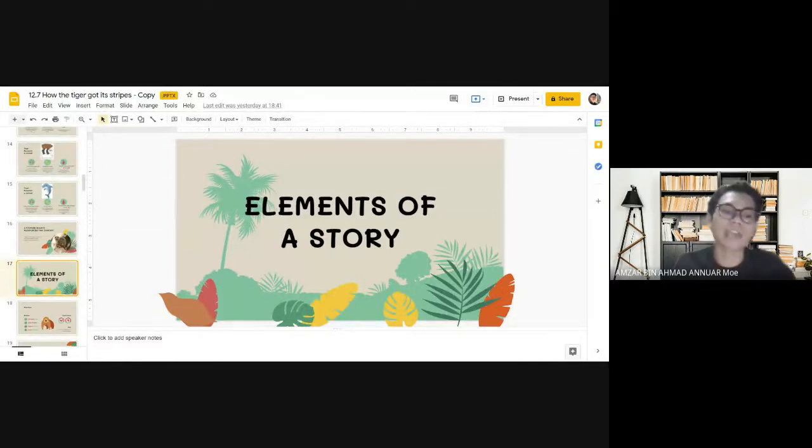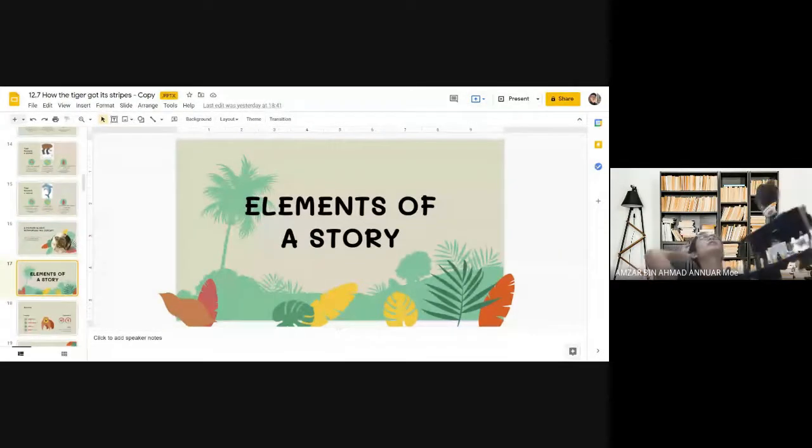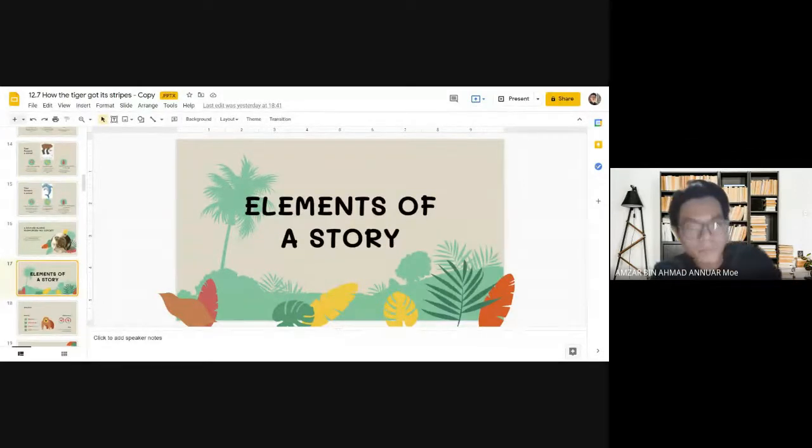Today we look at elements of a story. English can be written in many forms. You can use it in a poem, and you can use it also in writing a story. A story is very simple.